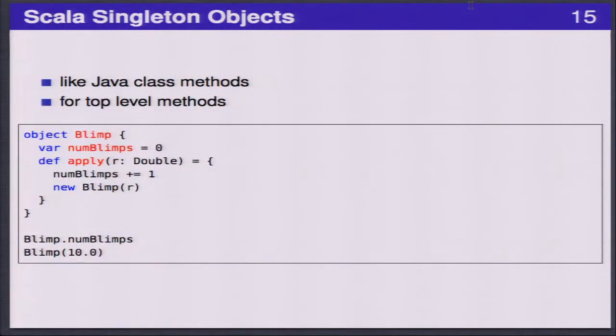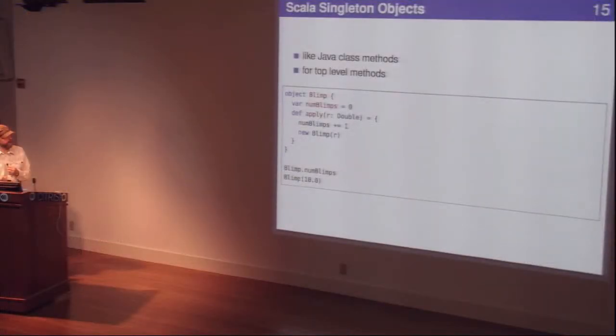It's at top level. You're introducing a new namespace, so you can access it by blimp.numBlimps. But notice here, I can call an apply method without using dot, because this is what gets called when I just call it like a function. It calls the apply method. So you call it without an instance name, essentially, because it's one per class. The apply method is like a factory method for that object.